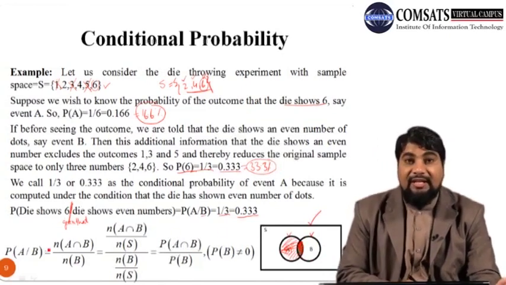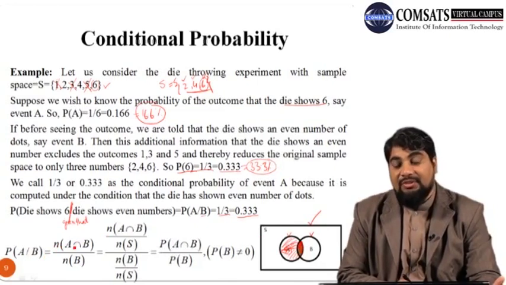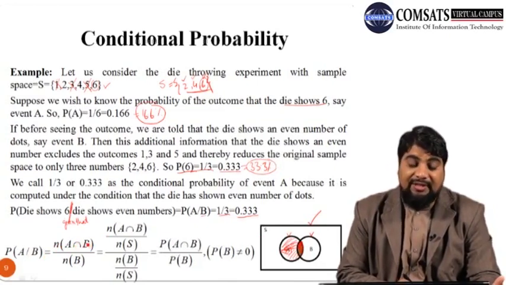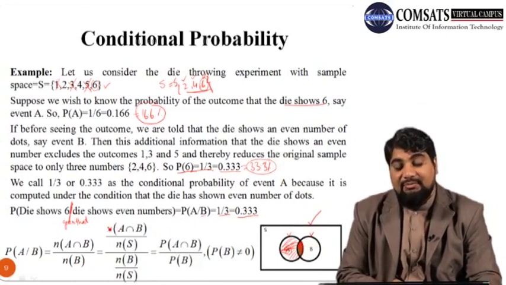So the probability of A given B is the number of sample points common to both A and B divided by the total number of sample points in B.